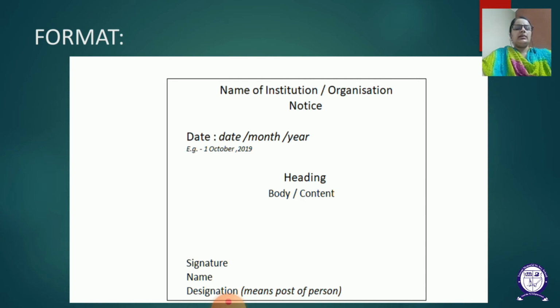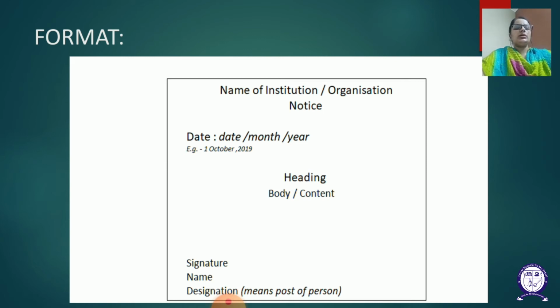After that, in the second line, write the date. The date should also be in a perfect format: date, month, year. Here you can see the example, that is the 1st October 2019. In this way, you have to mention a date in notice writing.